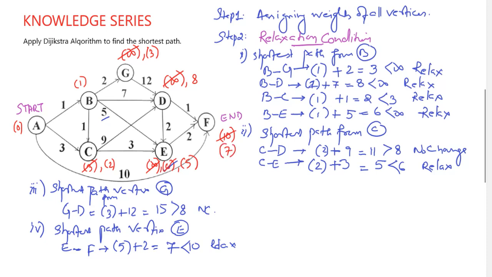Now, what is the next shortest path? We find that this is 7 and 8. The next shortest between 7 and 8 is F itself.